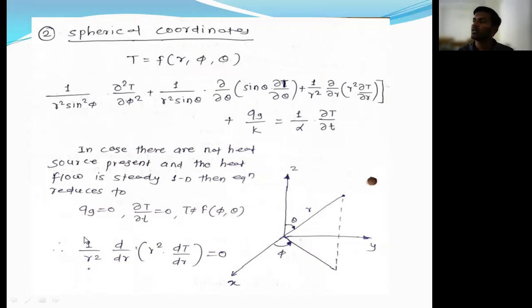So that's why we have written the final equation as 1 upon r square d upon dr of r square dt by dr is equal to 0. Okay, to explain the spherical coordinate system, we have to use these 3 parameters r, phi and theta.